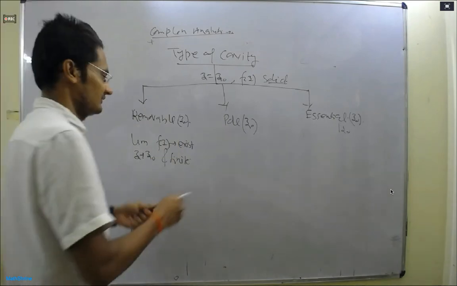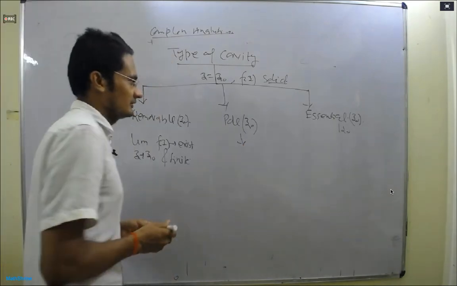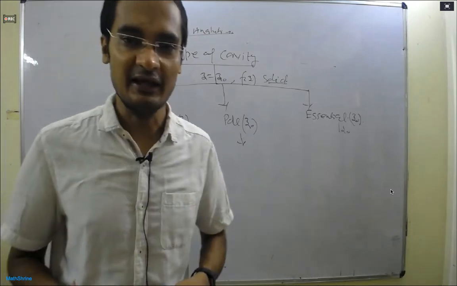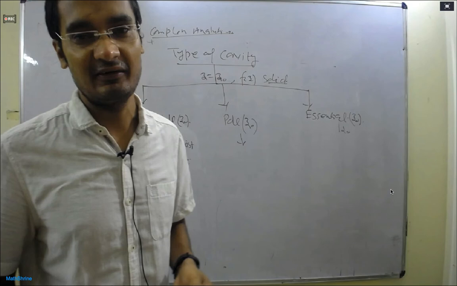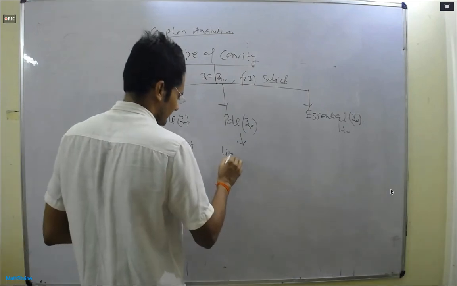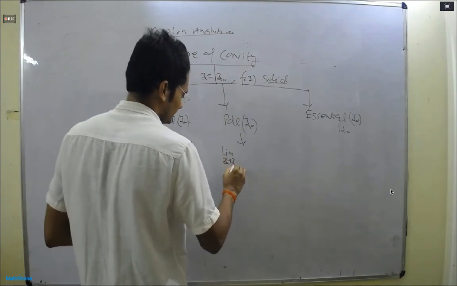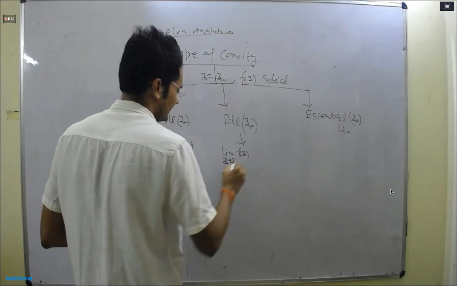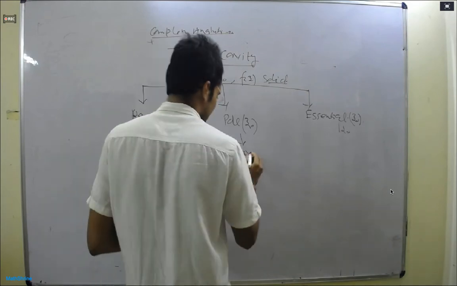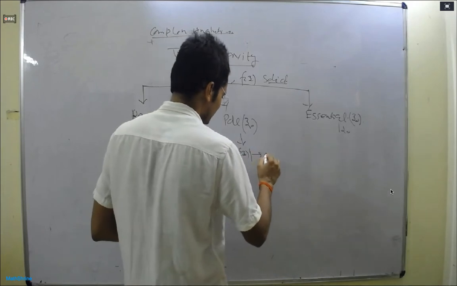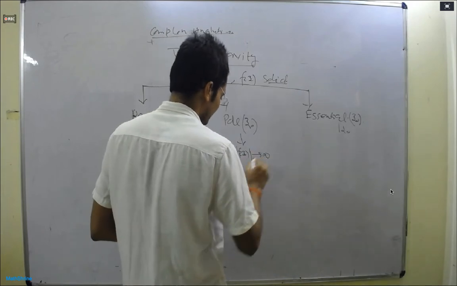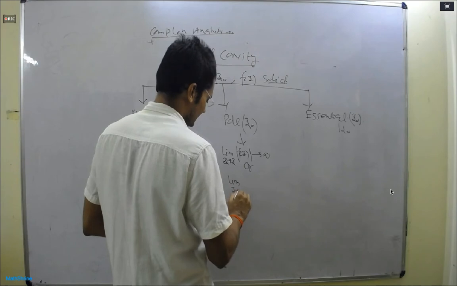The second one, pole. How do we know that our function has a pole at the point z naught? It means that the limit as z tends to z naught of f(z) does not exist in C, because the function tends to infinity.